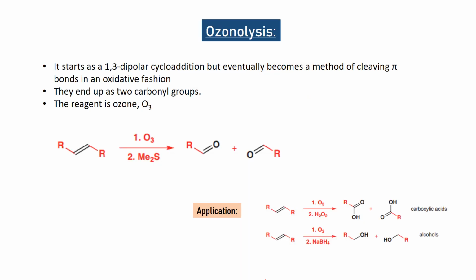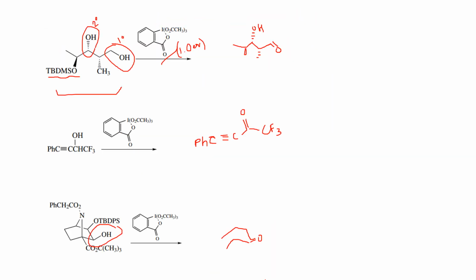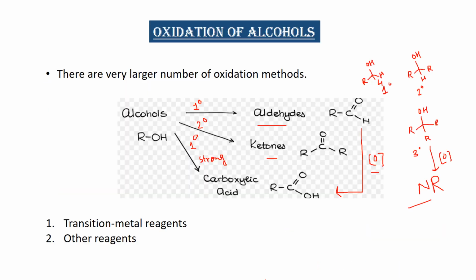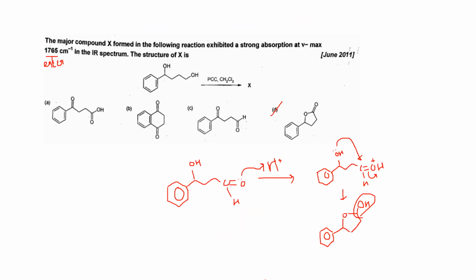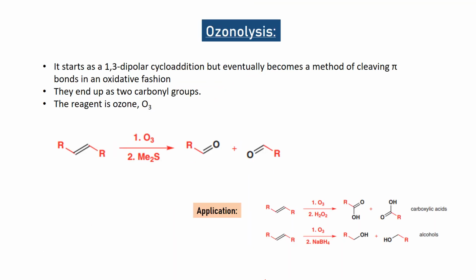So the next topic is ozonolysis. In the first slide I have already shown there are different types of oxidation processes. In the last class I discussed this. If you have a double bond, three types of oxidation are possible.